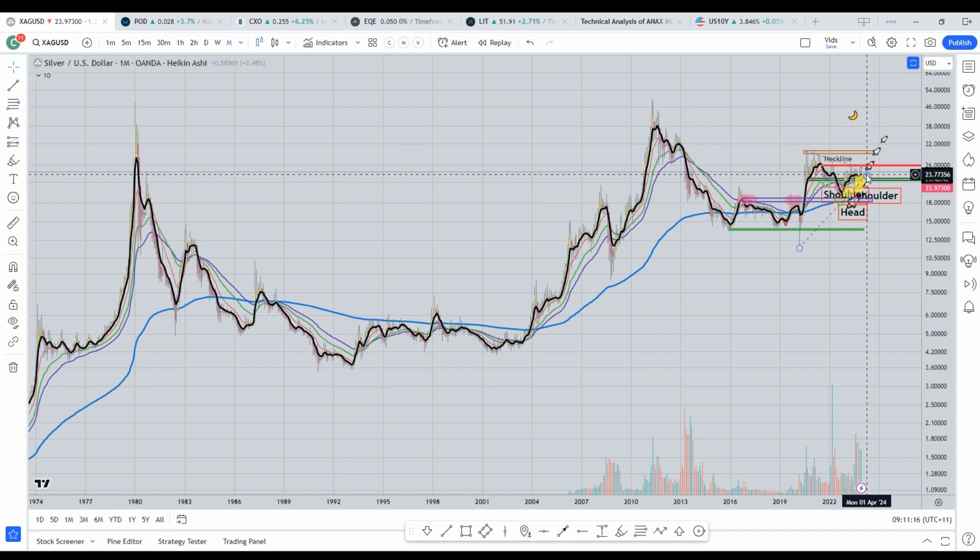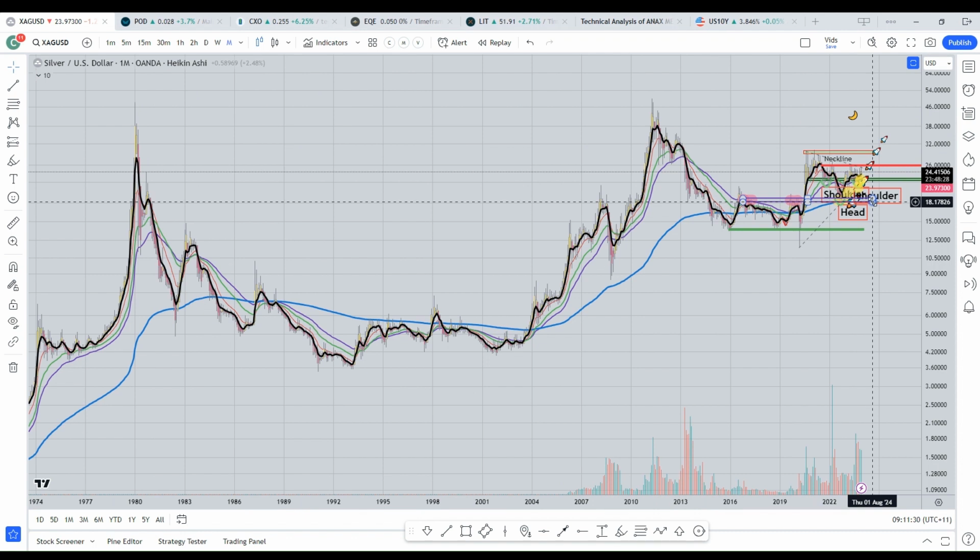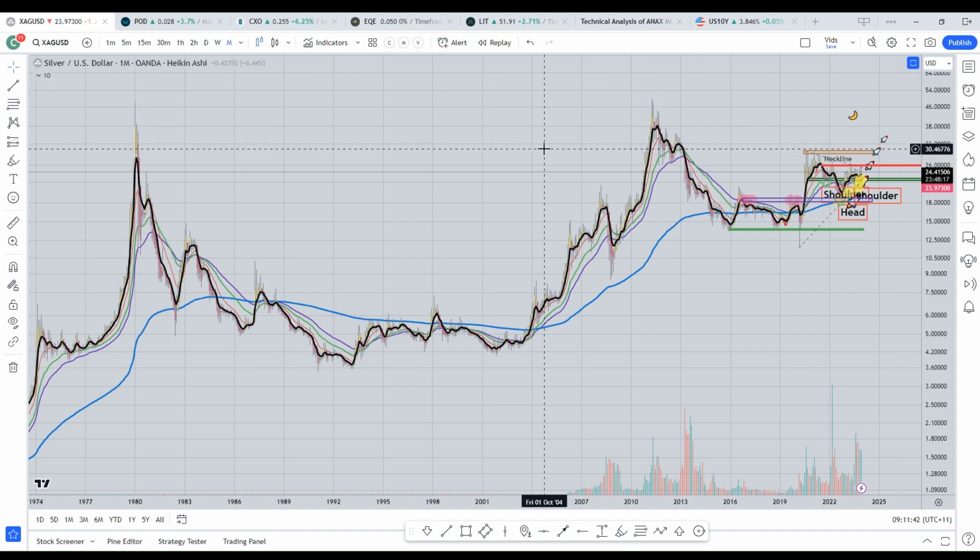In fact, you could argue that it's half of the value it had in 1980. I don't think I can think of any asset which is half the value it was in 1980. And so I can only see this resolving one way in the longer run, where it's going to have to make some pretty serious gains in order to reflect inflation over that time from 1980. And so I'm very bullish on silver in the longer run.